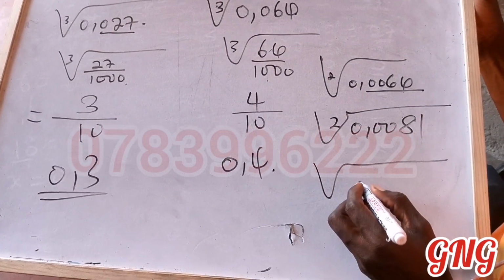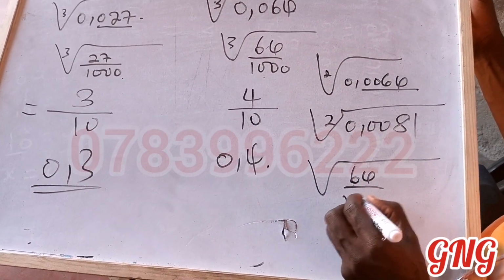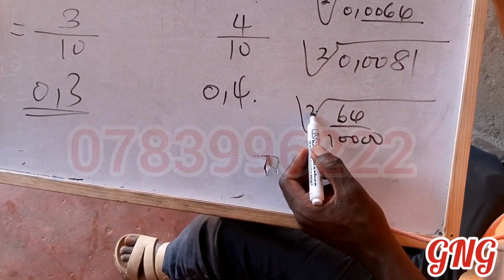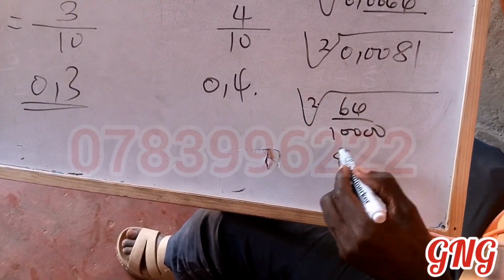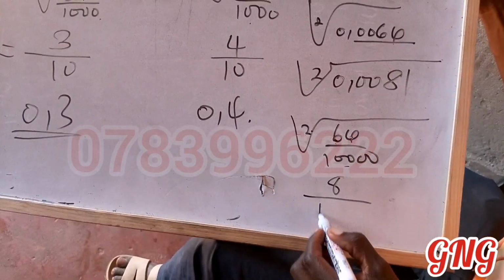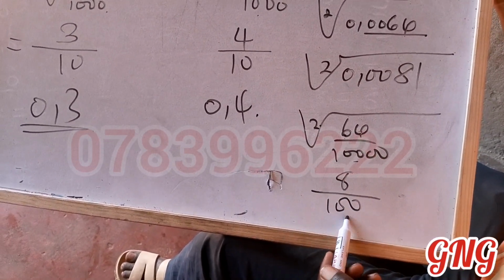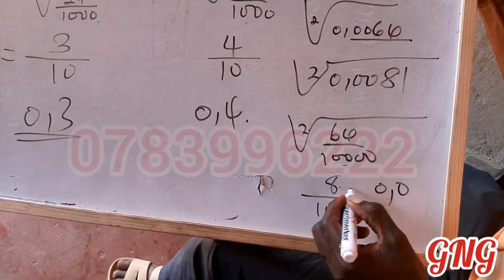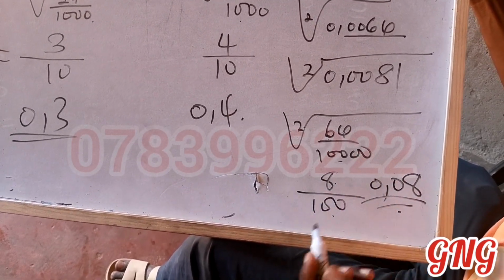That's 10,000. So you're going to say 64 over 10,000. Put our 2 here. We say, what is the square root of 64? That's 8. What is the square root of 10,000? That's 100. So you're going to say 8 over 100, that's 0.08.